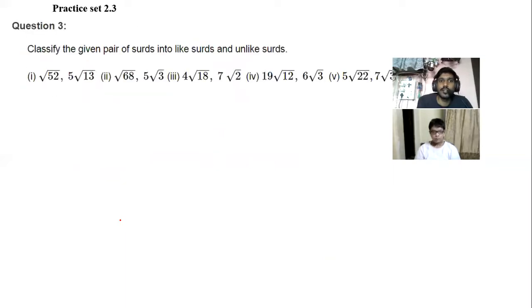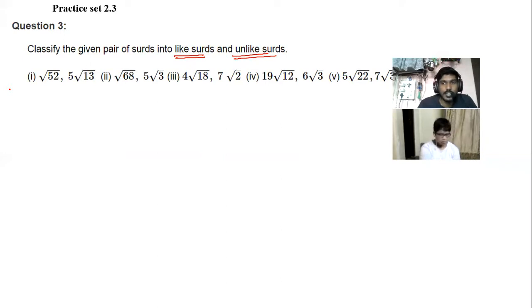Okay, let's see the third one. Question number 3. Classify the given pair of surds into like surds and unlike surds. Now, what are like surds? We had done like surds: surds which contain the same radicand.